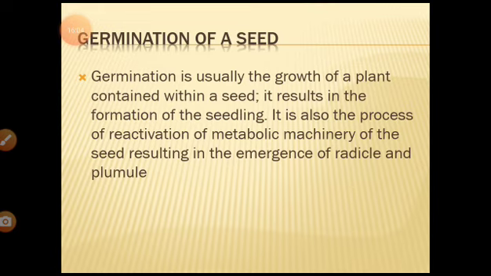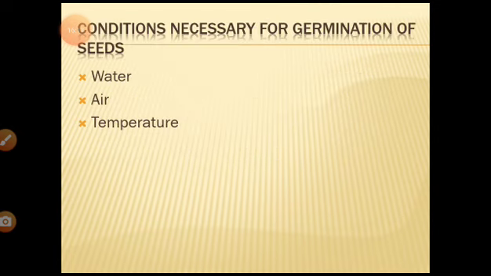It is also the process of reactivation of the metabolic machinery of the seed, resulting in the emergence of radicle and plumule. Then there are some conditions. If proper water is not present, then the seed cannot grow into the plant, because water softens the seed coat, due to which the seed bursts open.